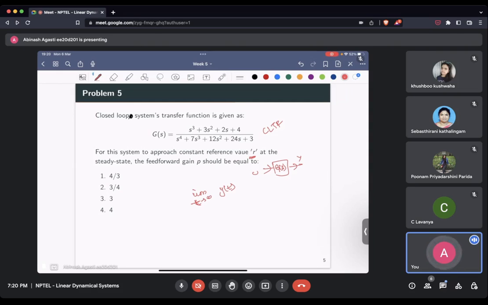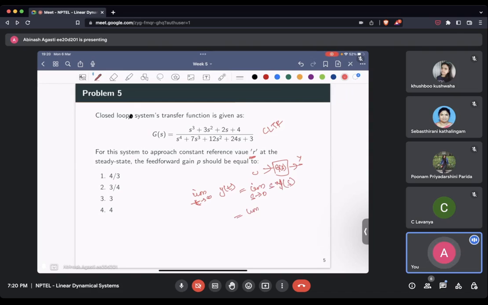If you remember, there is this thing known as the final value theorem, which, under certain conditions, tells me that the output at steady state, which is essentially time going to infinity, is given as limit s goes to 0 of s times Y of s.